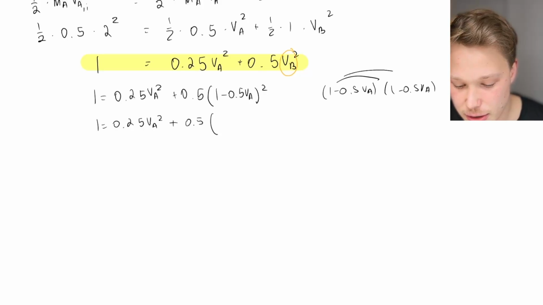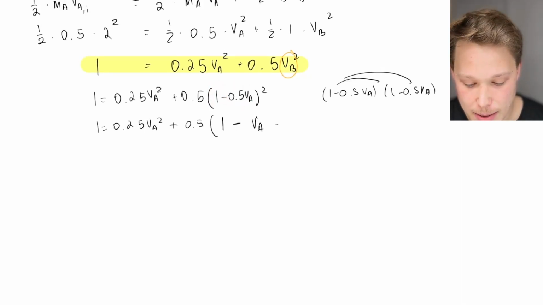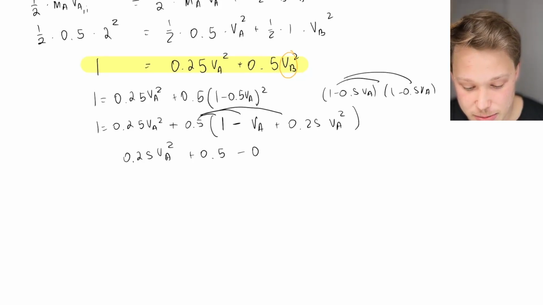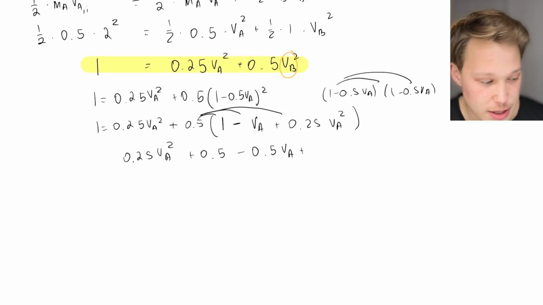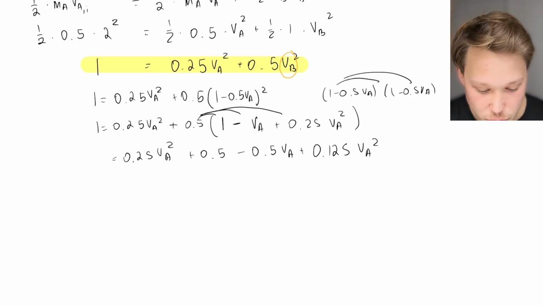It's going to be 1 minus 2 times the first number times the second, so 1 minus VA plus 0.25 VA squared. Then we open the parentheses over here: 0.25 VA squared plus 0.5 minus 0.5 VA plus 0.25 times 0.5 is 0.125 VA squared. All of that equal to 1, which, let me just subtract 1 from both sides to make it equal to 0.